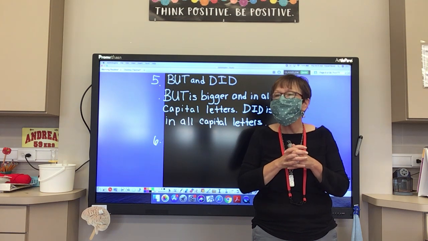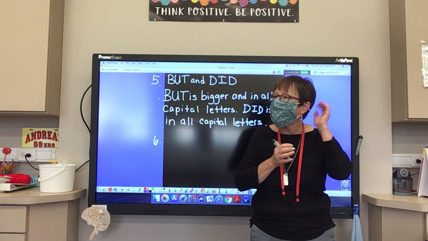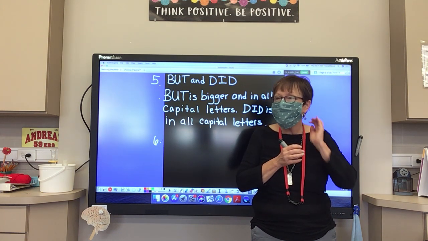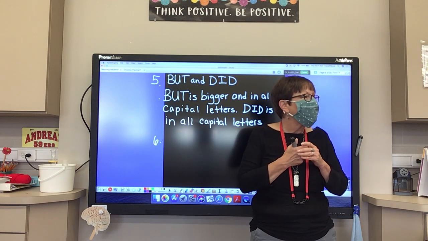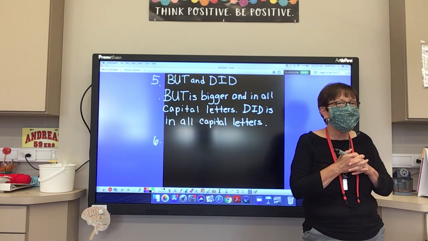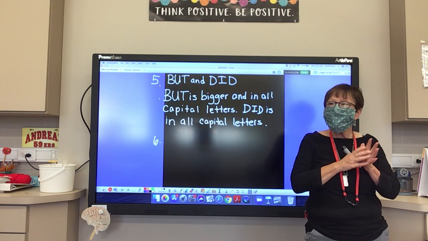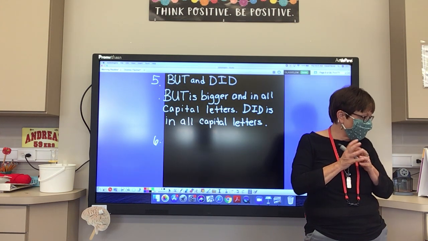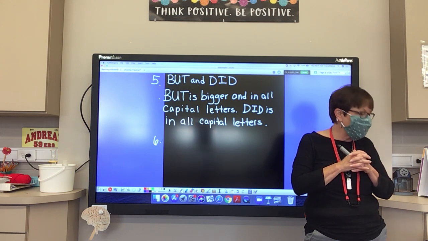You could just write number 6 on the back because I made a mistake and labeled it as number 6. So why do you think the author decided to change these words?